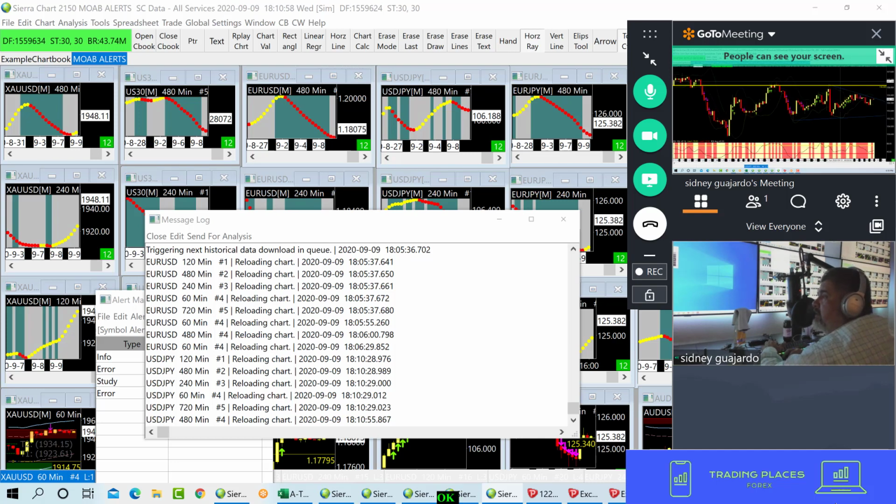All right, let's erase some of these lines, and let's put a horizontal line up here. Boom. And another boom right here.